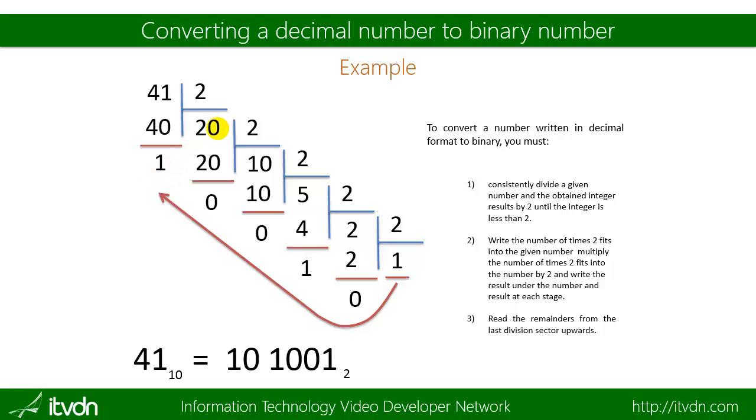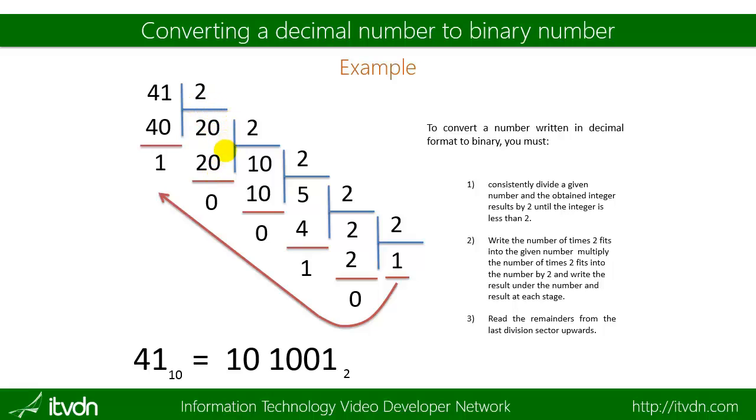So, how many times can 2 fit in 20? 2 can fit in 20 10 times. So I write 10 under it. Then my next step is I multiply 10 by 2, which gives me 20. I write 20 under this number.